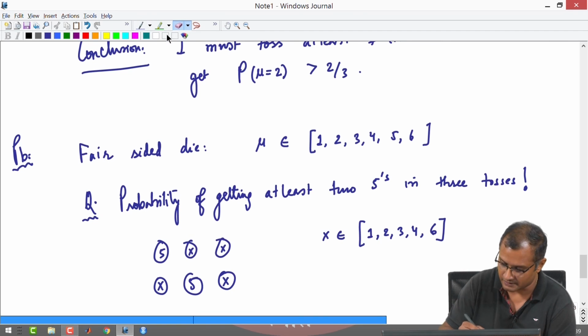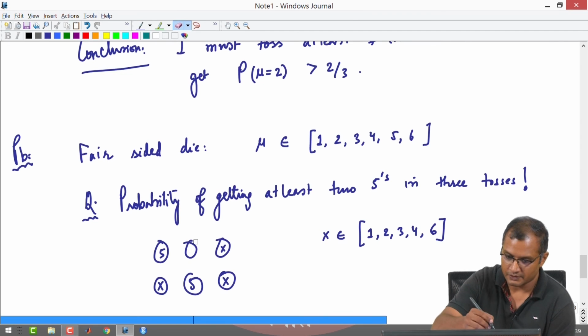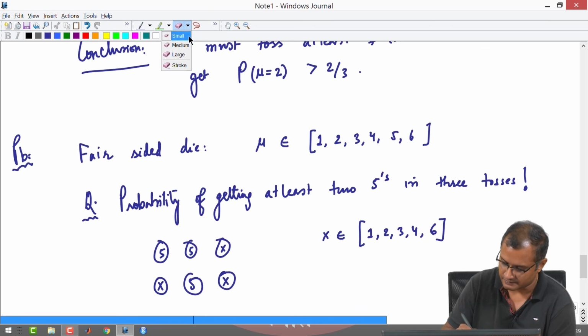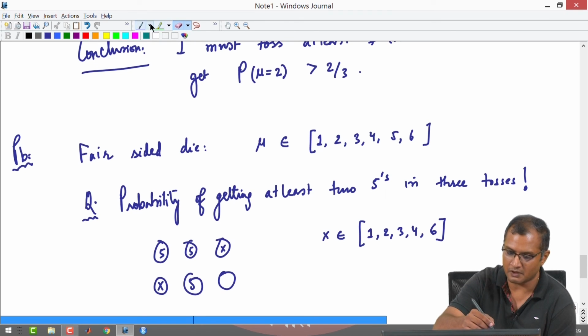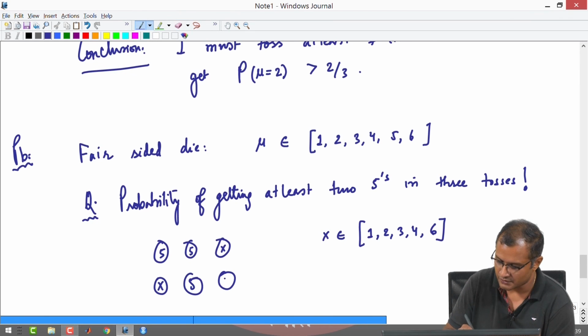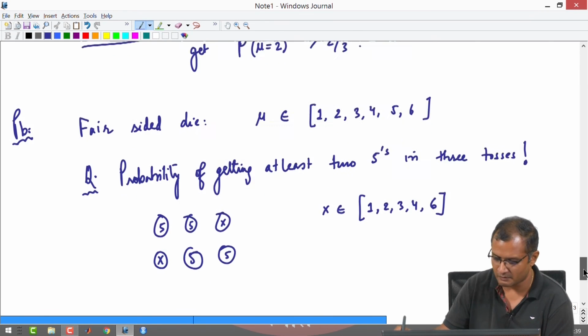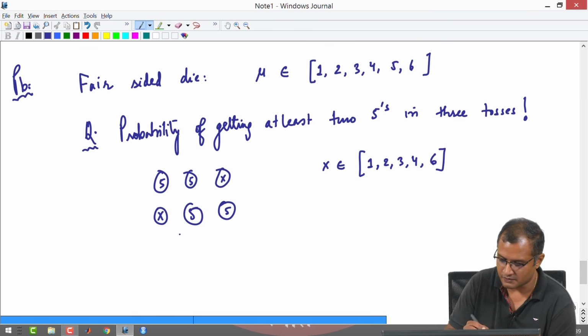So, let me just correct myself here. You want to get 2 5s, that is the question, right. So, this is obviously not correct. Let me just correct it. I am writing down all possible ways of getting 2 5s. There is one more way of getting 2 5s, that would be keeping something here and 2 5s here.